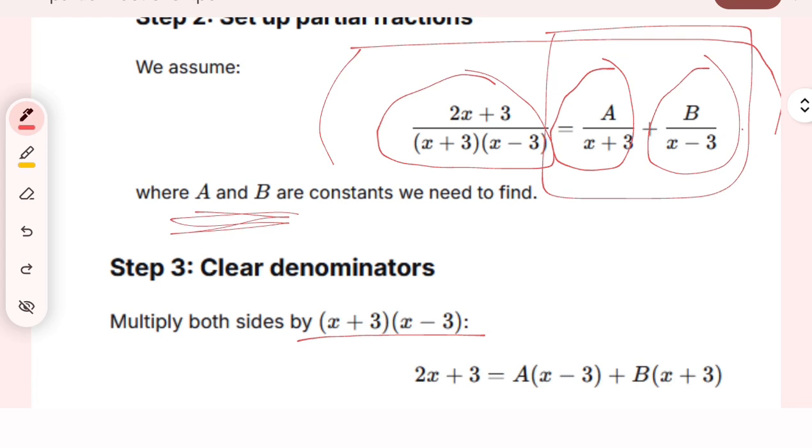What happens here is that on this side, the (x + 3) and (x - 3) in the denominator are cancelled out because we multiplied, so only the numerator is left. What about the other side?